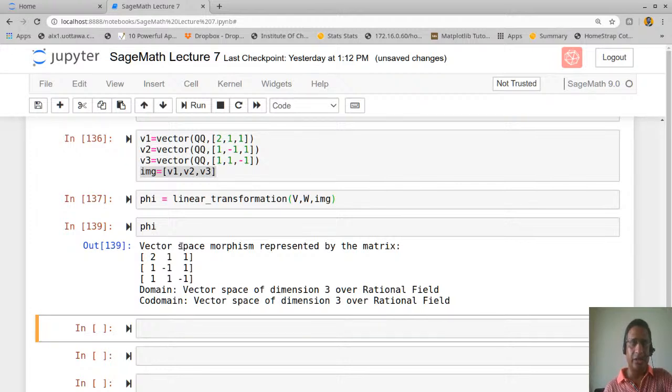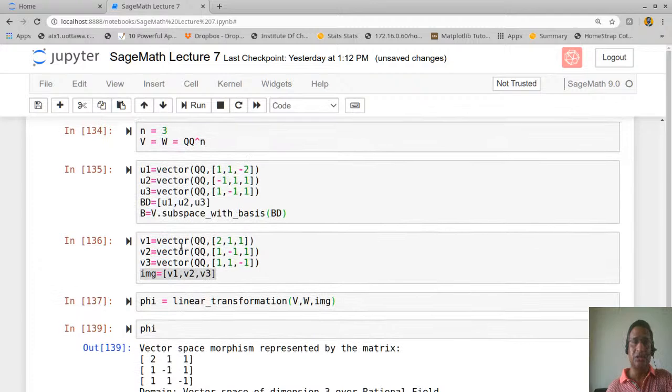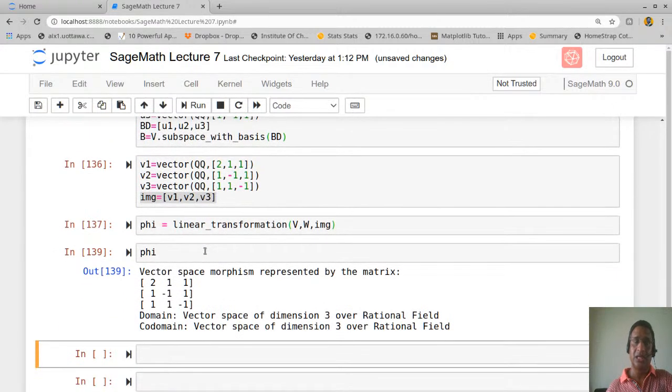Therefore T of (x1, x2, x3) will be x1 times T of e1, plus x2 times T of e2, plus x3 times T of e3. If we already know T of e1, we can find it out, since we are given the linear transformation; in Sage it will give it.